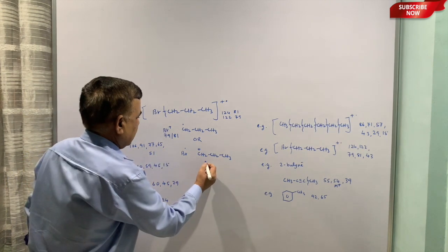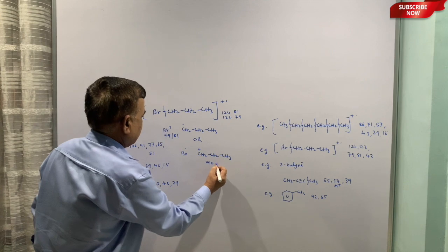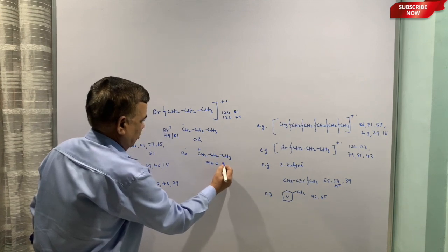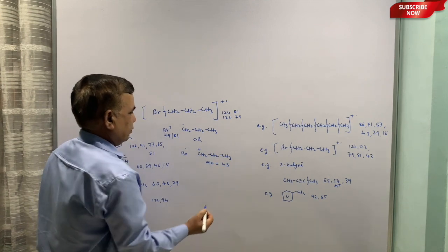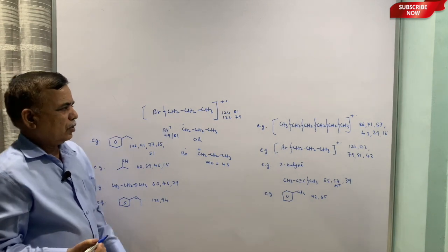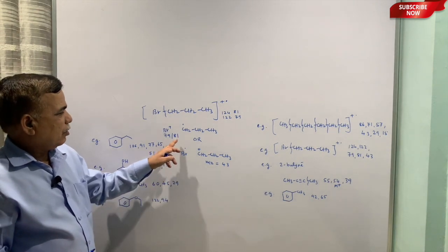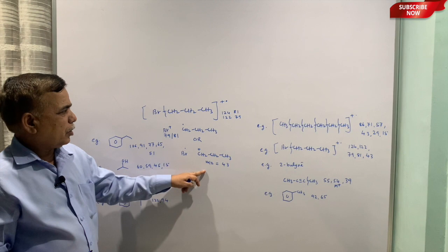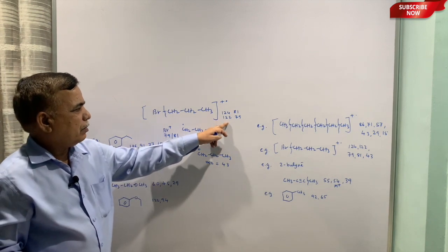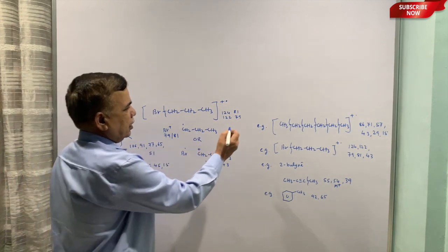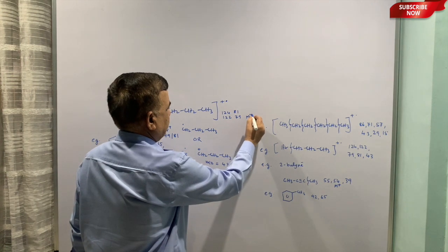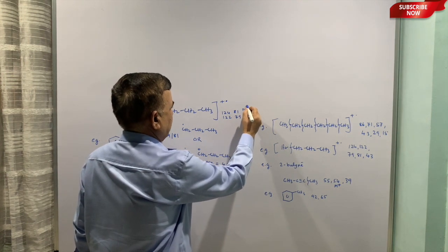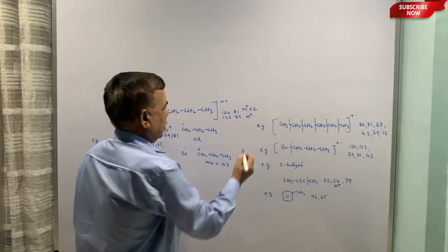In this case, this will give m by z equal to 43. So these are important peaks: 79 or 81, 43 is going to be common, 124, 122, this is M plus, this is M plus 2.